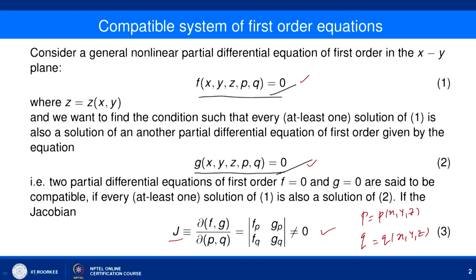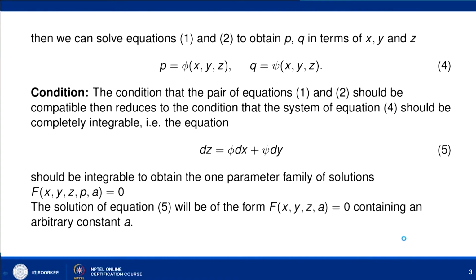So, to find the common solution, we need to find the expressions for p and q from these two equations. Once we solve equations 1 and 2 to obtain p and q in terms of x, y and z, let us say p is equal to phi of x, y, z and q is equal to psi of x, y, z.